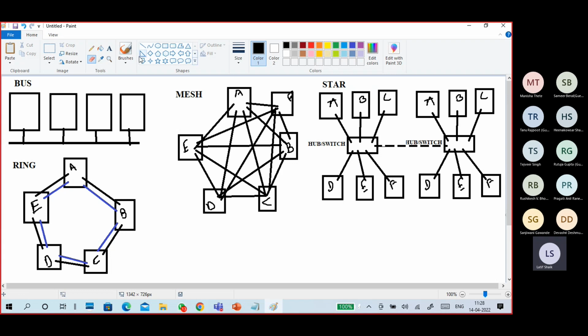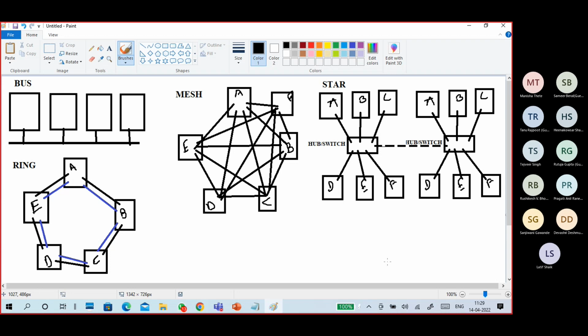It is an extended one. For example, a switch contains 24 ports, but I have 40 computers. What to do? I took two switches, 24 plus 24, totally 48 ports. So 48 computers I can connect.